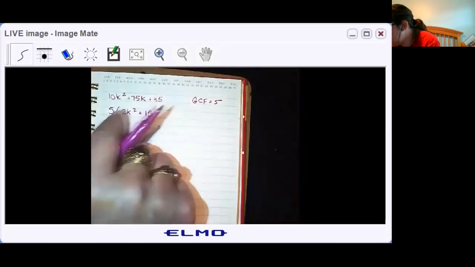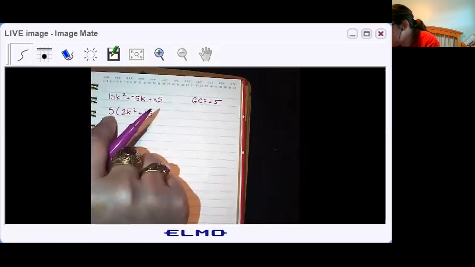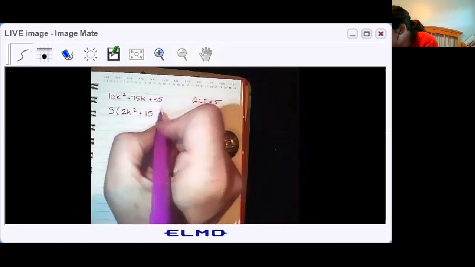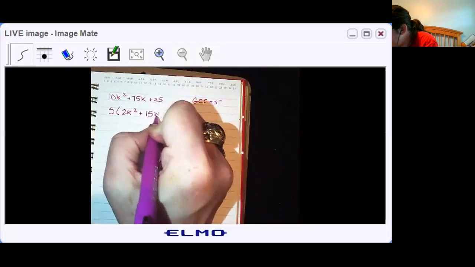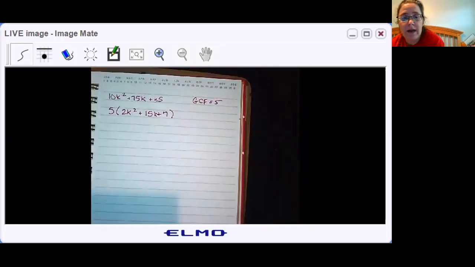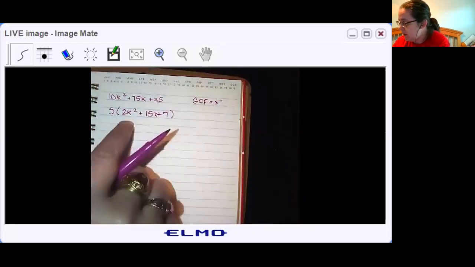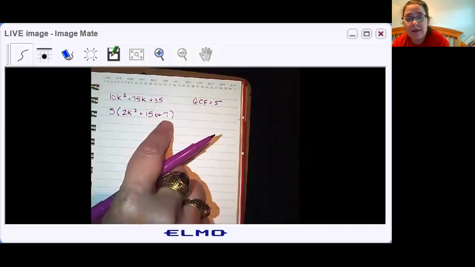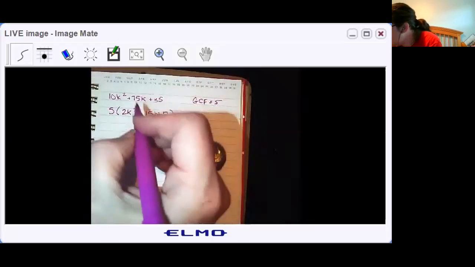Let me double check. Yeah, 15. 35 divided by 5 is 7. Now, do I have a common factor in this? No, I don't. So now I'm ready to factor my trinomial with my methods I've already used.